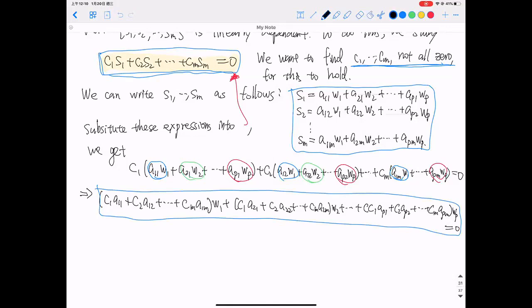The observation is that for the above equation to hold, we can find a solution to the following system.